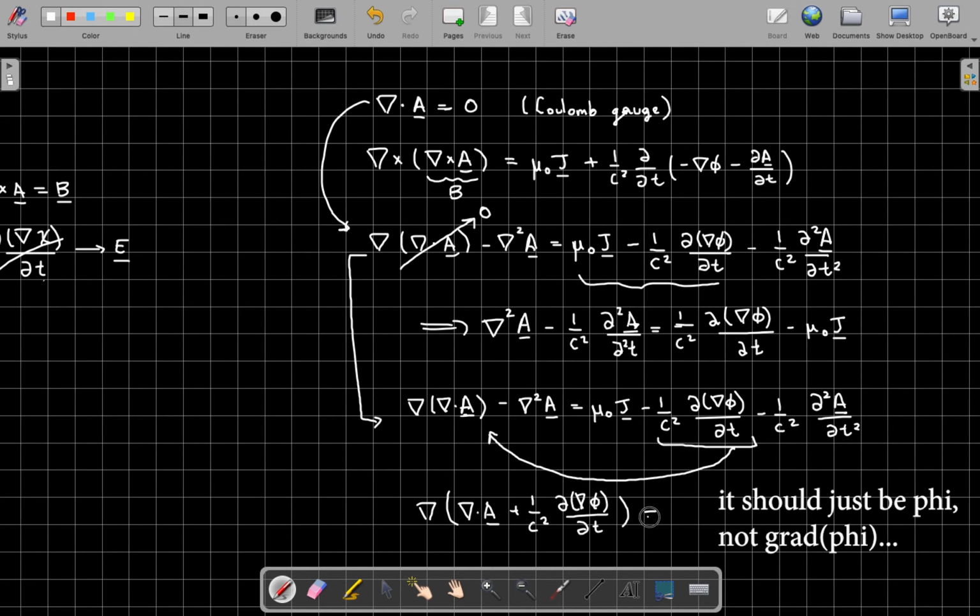If I could set this equal to 0, it would simplify a lot. Or better, in reality, it's probably easier if I set the thing inside this gradient to be equal to 0. So I will set what is inside this gradient to be equal to 0, right?